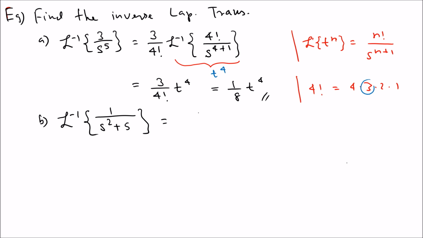This is going to match with omega over s squared plus omega squared. That's the sine version. What we don't have here is the term that we need up there.